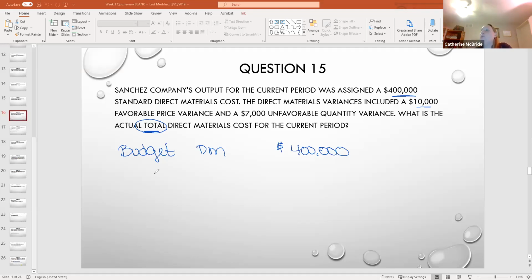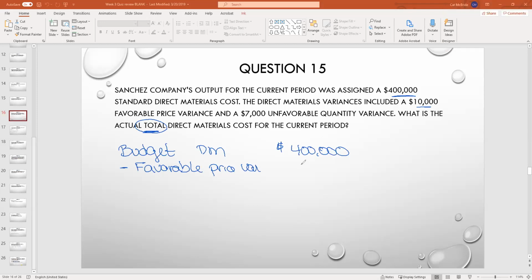So our price variance is favorable. If we had planned to spend 400,000 and we have a favorable variance, we want to subtract it because that means we actually spent less. It's asking for the actual total direct materials cost.